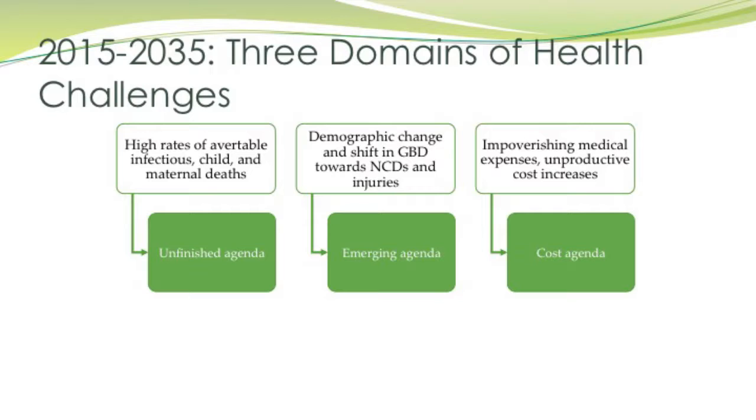This shift in disease burden is going to be chronic diseases, hypertension, diabetes, et cetera. And so we're faced with this problem that this emerging agenda is not going to only impact us, but impact the whole world for the most part. Setting up systems to address that will be an issue. And then most importantly, as you saw that big demographic shift of people in the lower middle income and upper middle income, there's going to be cost issues, right?